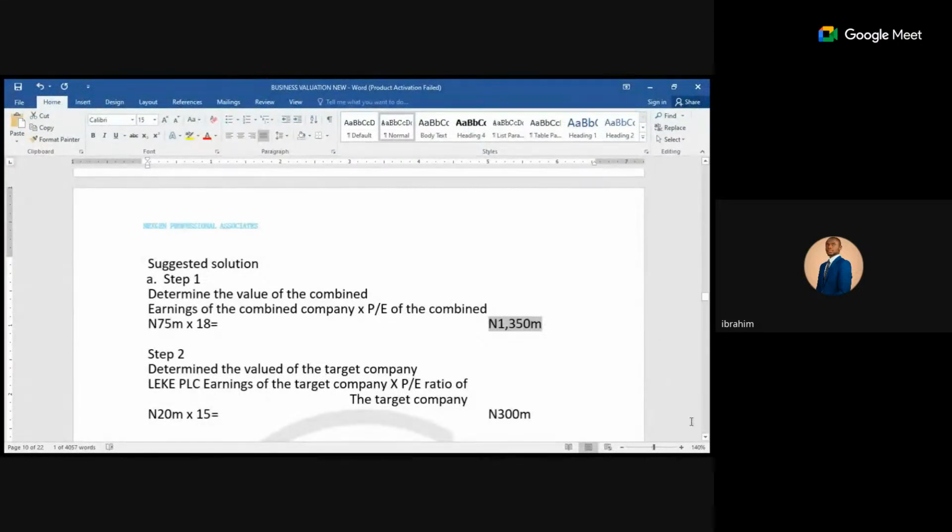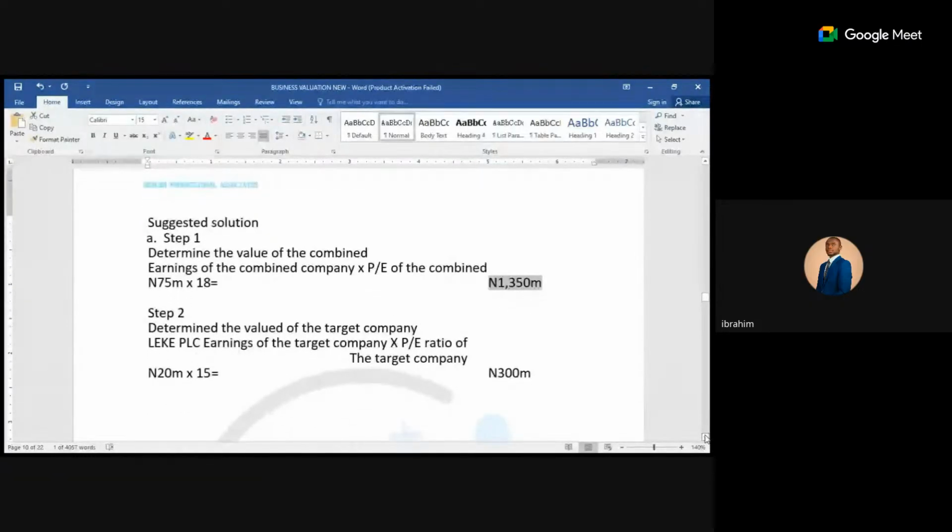Now, for you to know how much you will pay, you need to remove the value of the target company first. The market value, the value of the company. So when you remove it, what do you have?